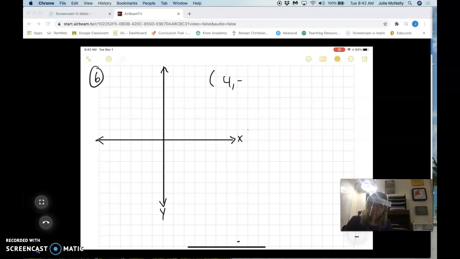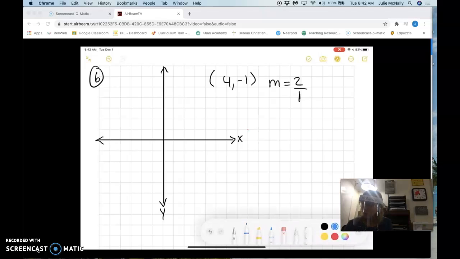Okay, so we're looking at number 6 now, because the slope on this one just has a whole number. So if the slope has a whole number, I'm going to use my imaginary one that's always on the bottom to help complete that slope for me. So I'm going to plot the first point, 4, -1, so over 4 and down 1. There's my first point.